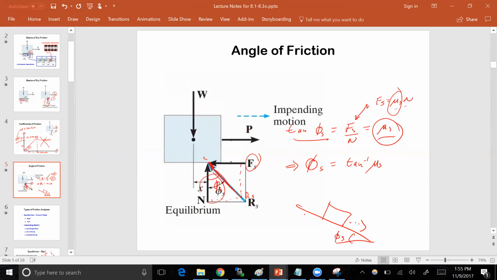Can we ever get, so you did a lab in 3A where you played around with this? Look at that, it's holding way past 45 degrees.